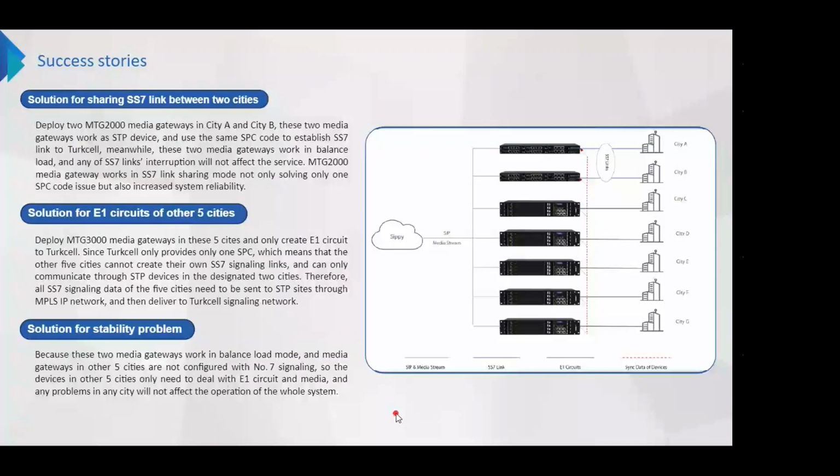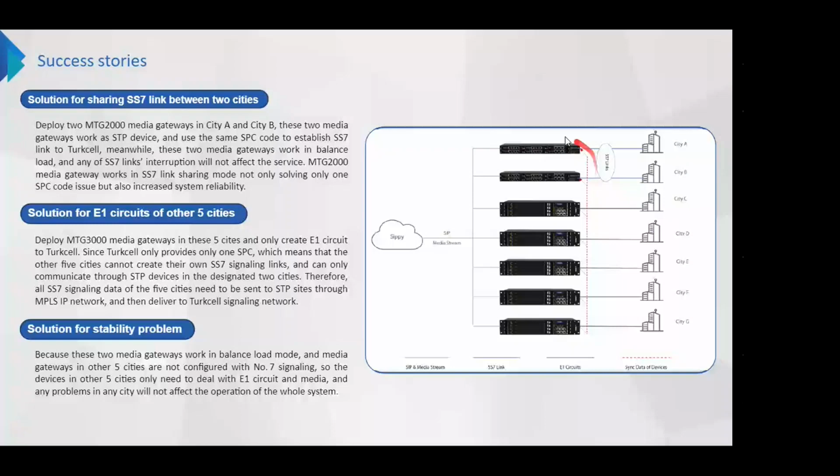We can see here it's a diagram. I think everyone should know, right? Can you see the diagram already, right? Here we can see we implement in different cities. We have a total of 7 cities here, and we use two MTG as SS7 links sharing the same SPC link.